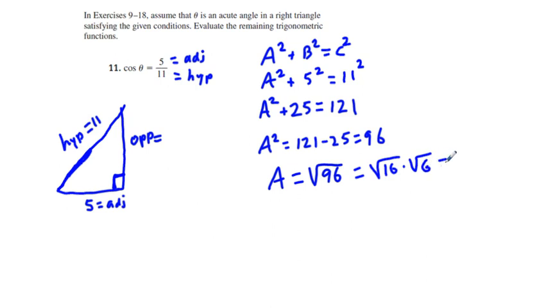And square root of 16 we can simplify to 4 times square root of 6. So that's going to be our opposite side, 4 square root of 6.